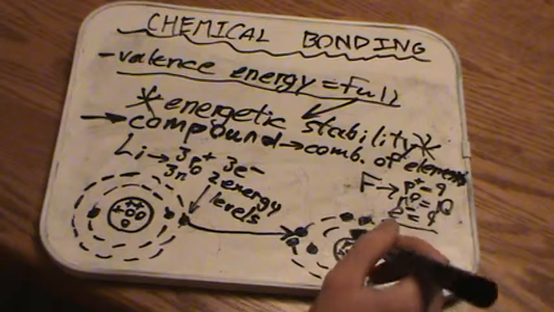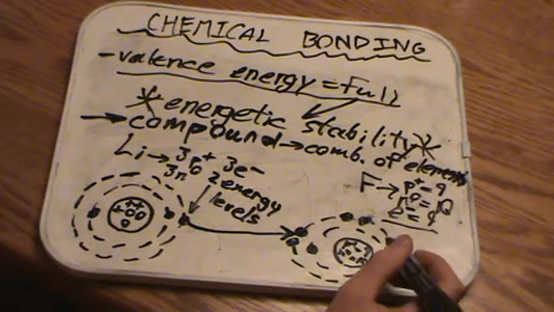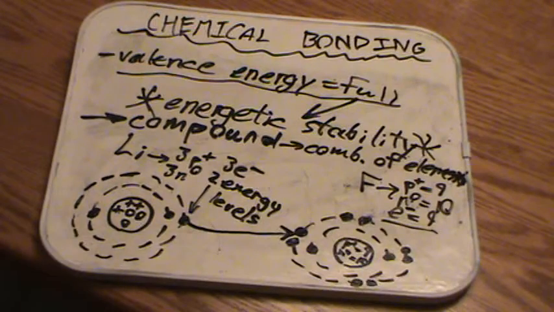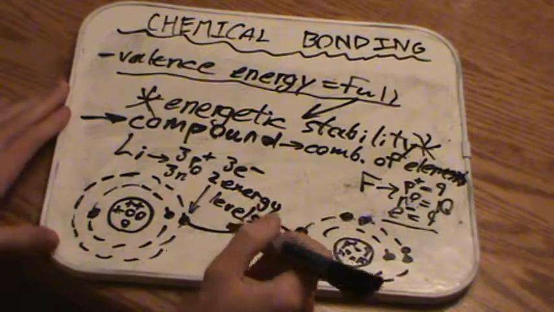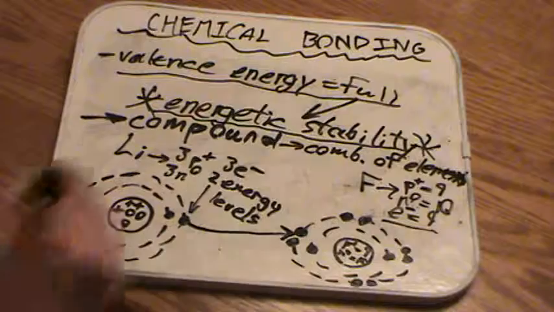And now fluorine has also gained a full outer energy level in its second energy level. It has gained another electron. It now has 8 electrons in its second energy level, and this completes that energy level. And so therefore both of them have achieved this energetic stability that we are talking about.